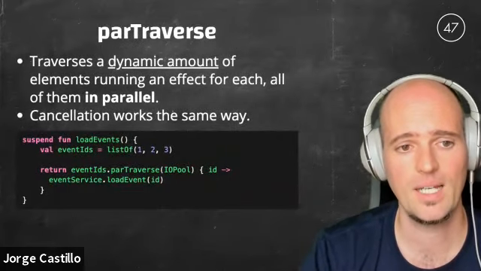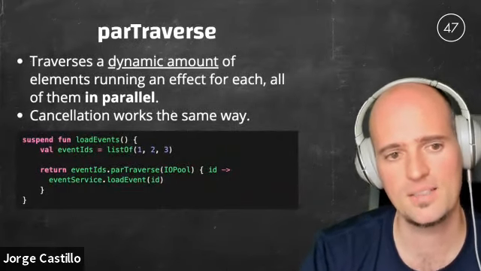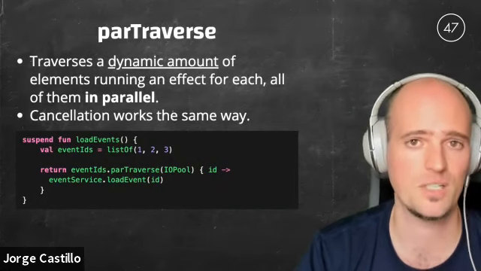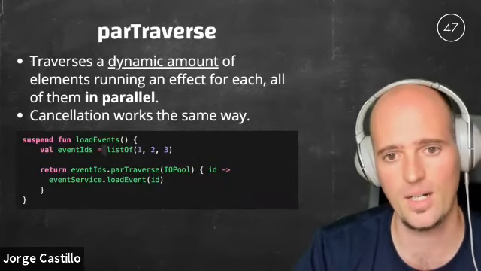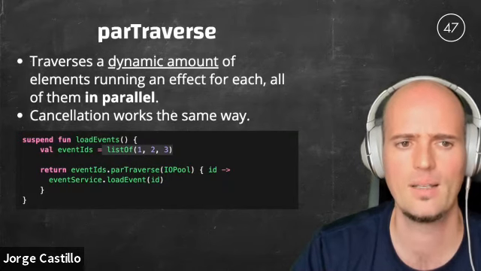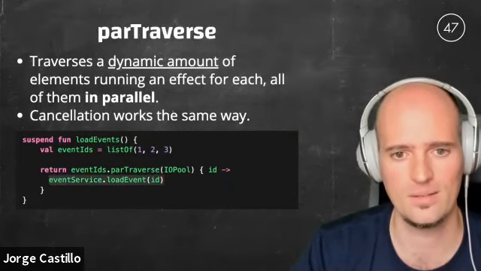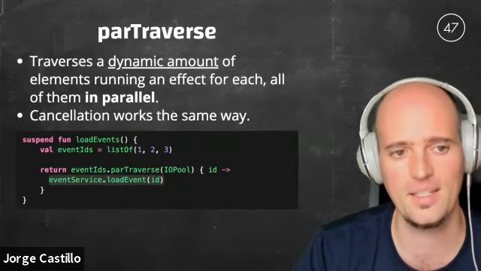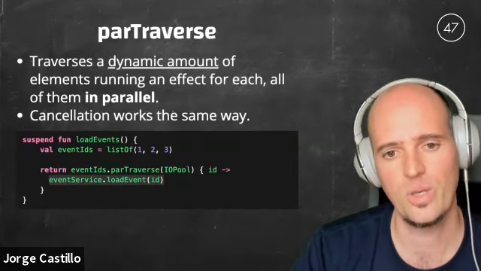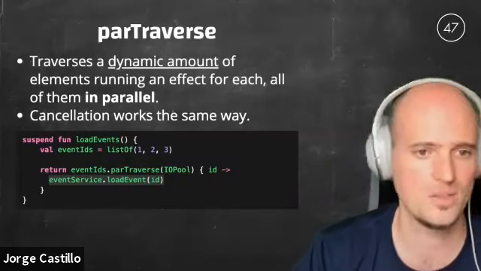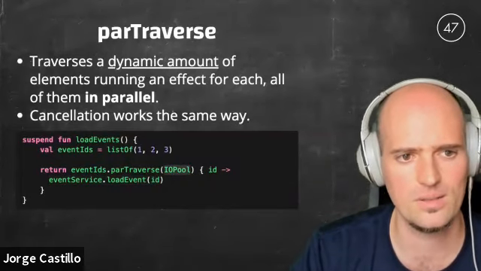If you have a dynamic amount of suspended effects, you also have parTraverse for that. So it's good if you got a collection of elements and you want to run one effect for each, like in this case, we go to the service to load an event by these IDs. So we are running one effect for each one of the elements using parTraverse on a given context.